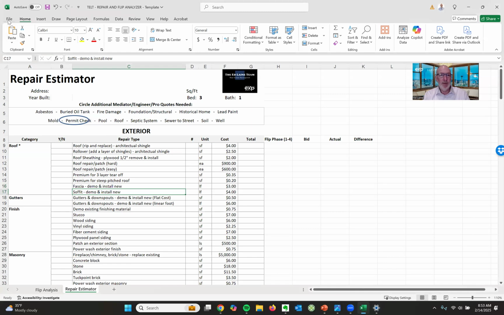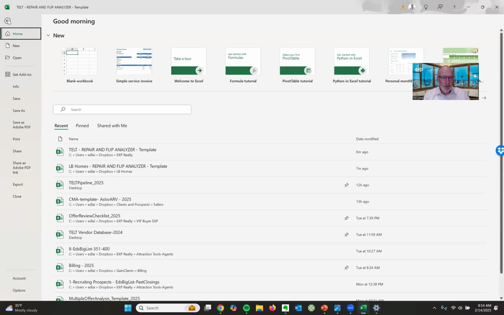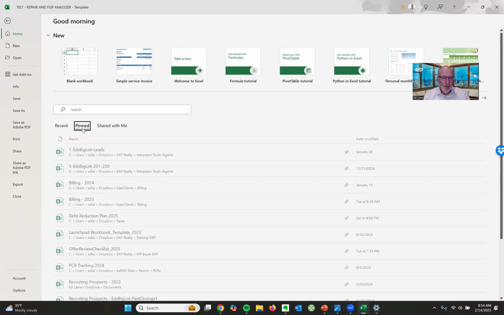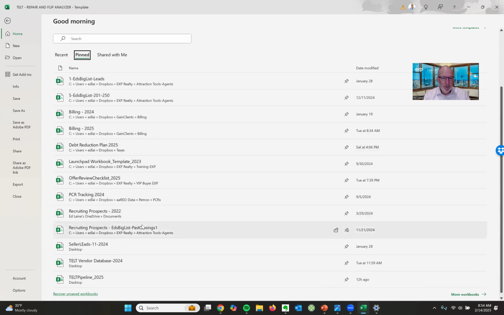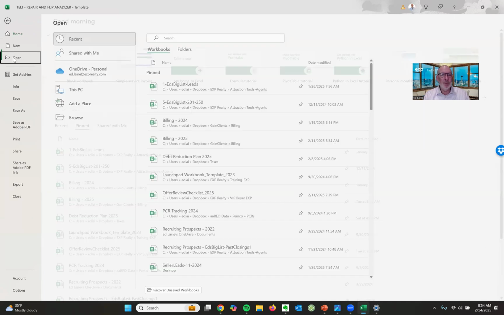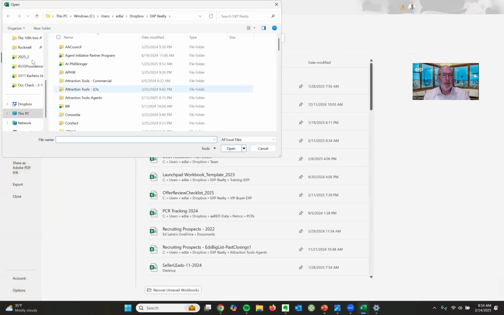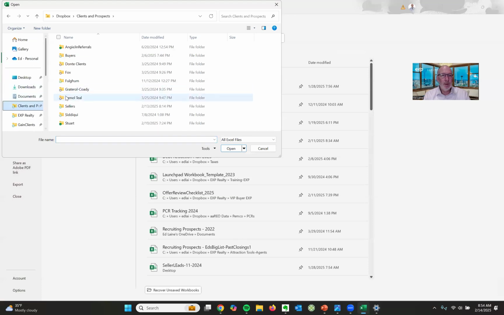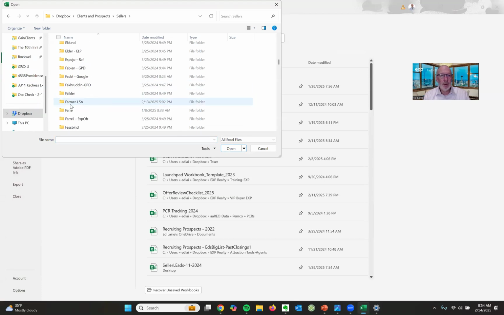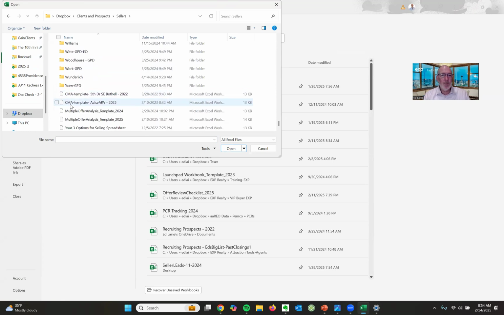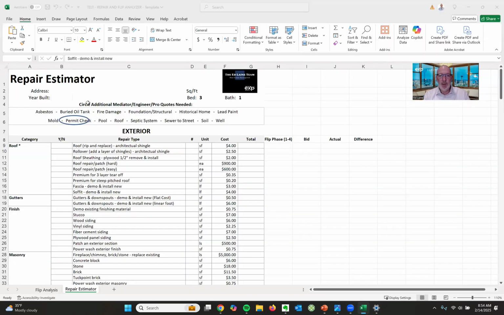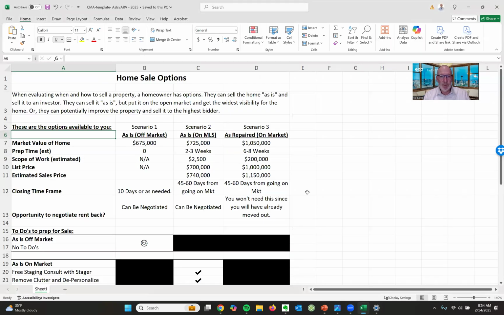And the other thing I'll show you is the one pager I was talking about. I don't have it saved, so bear with me. So you can figure out an ROI.